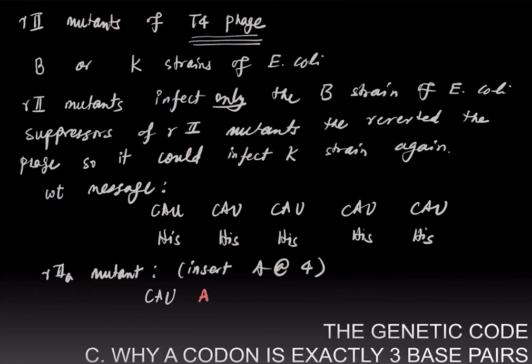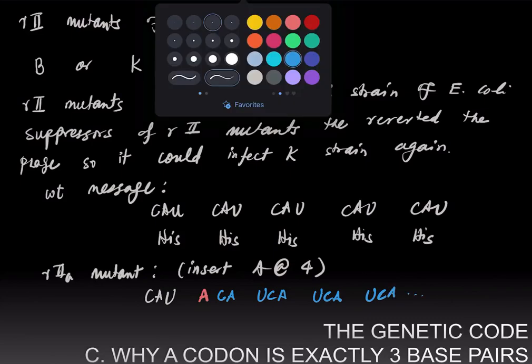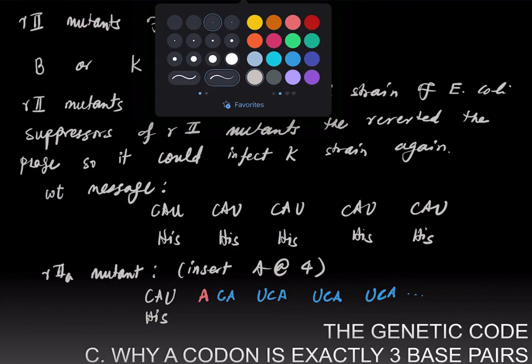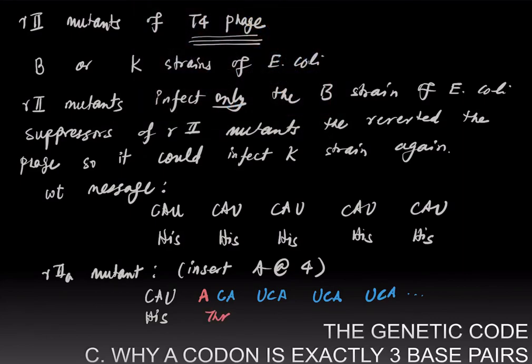So you will get CA, then UCA, UCA, UCA, and so on. And so now, assuming a triplet genetic code, we will get a histidine and then a threonine and the rest of them will be serines. And this is called a frame shift.